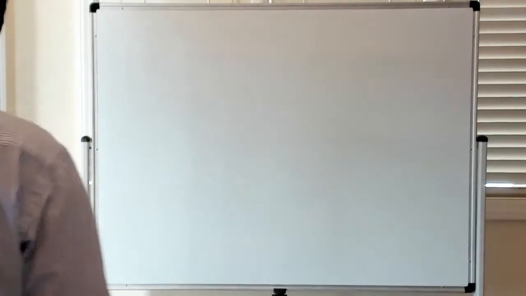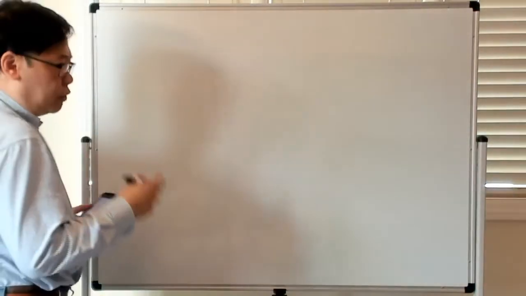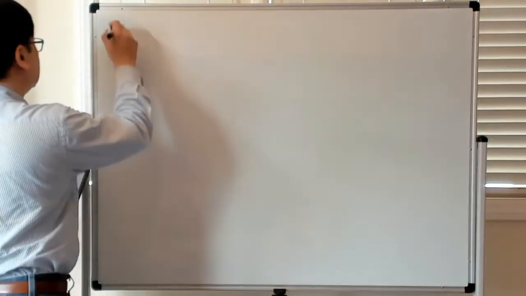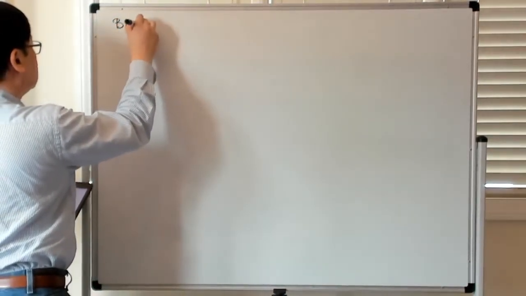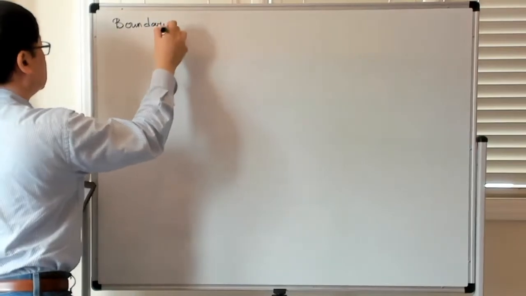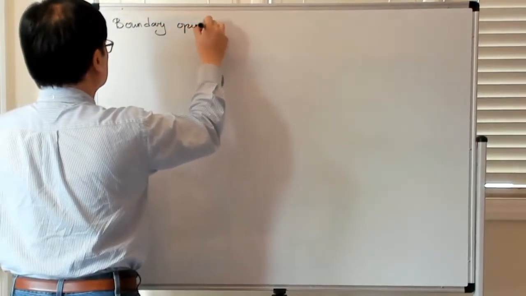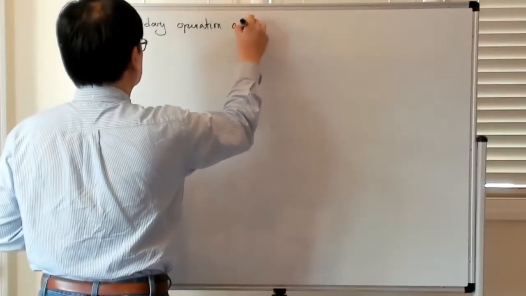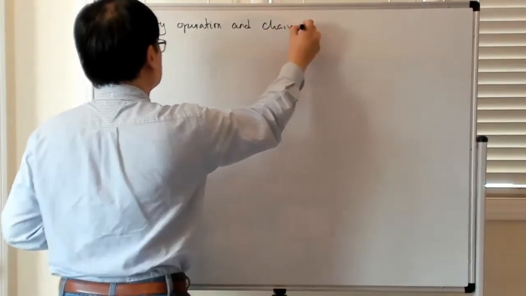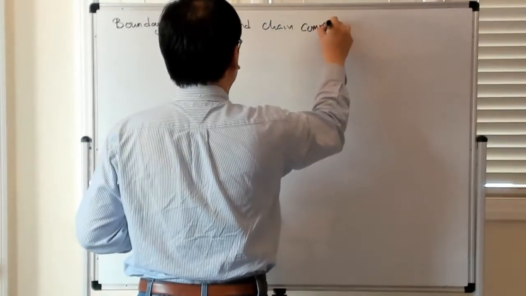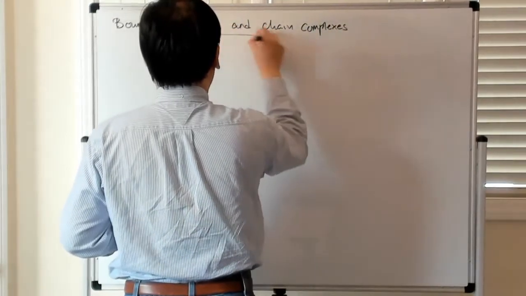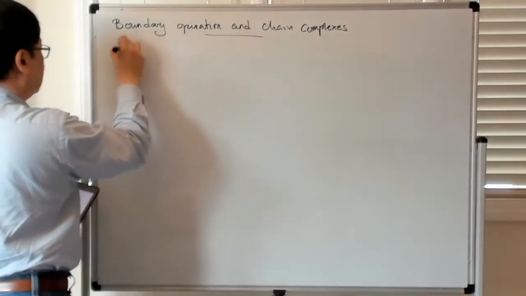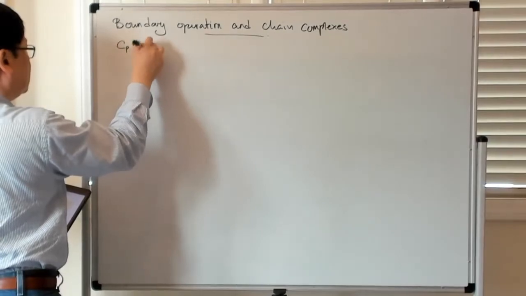All right, so now we're going to talk about the boundary operation and then more generally what are called chain complexes. So previously we introduced this idea of a chain group, C_p(K).